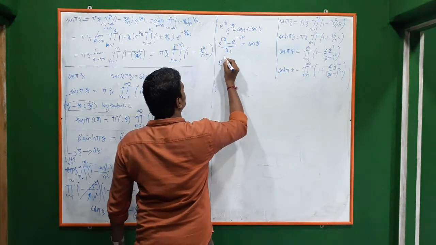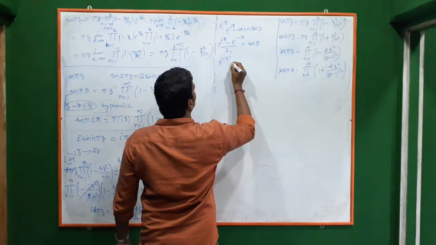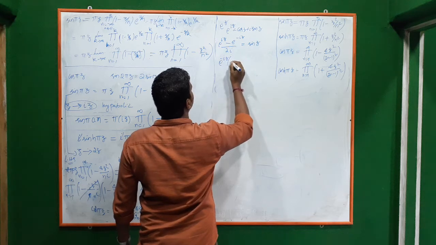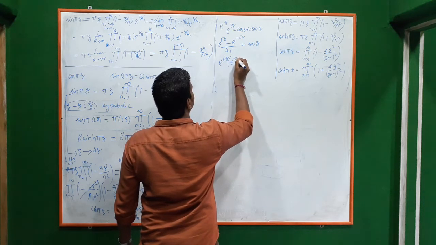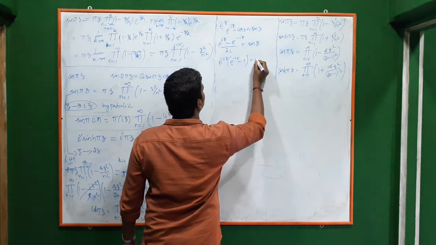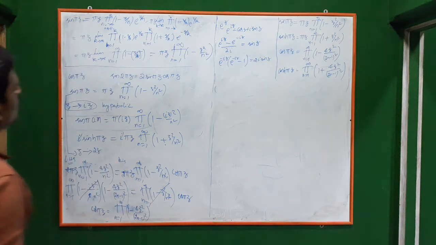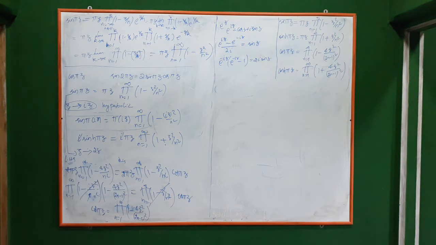e power minus i z take outside. Then this will be e power minus i z minus 1 is equal to 2i sin z. Clear?